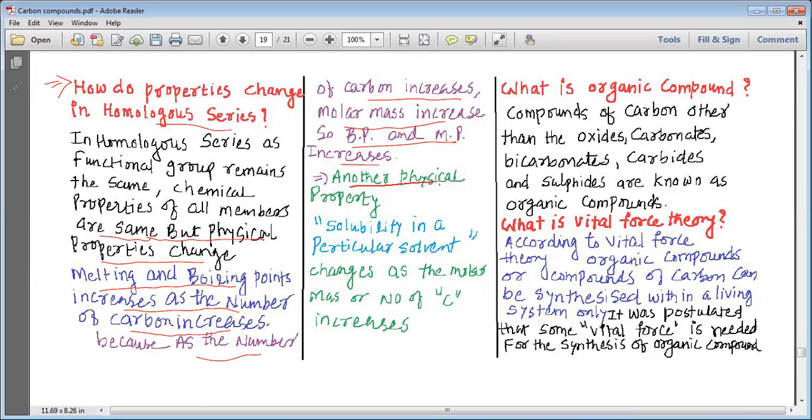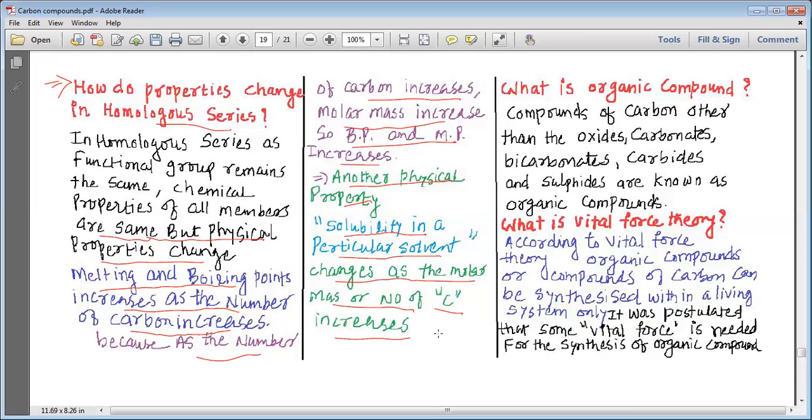Then another physical property is the solubility in water or solubility in a particular solvent. So when we go along the homologous series, solubility in a particular solvent also changes as the molar mass increases or as the number of carbon increases.